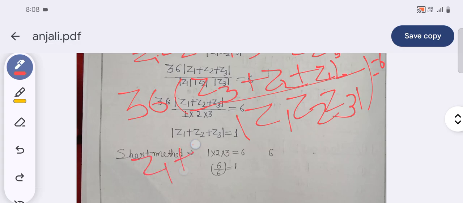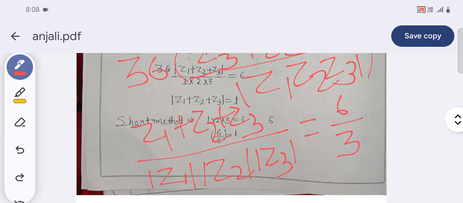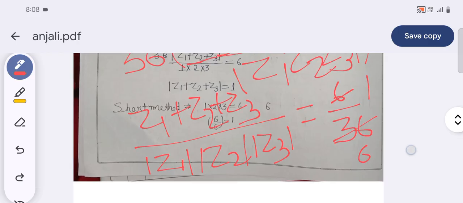So mod of z1 plus z2 plus z3 upon, we can separate mod of z1, z2 and z3 with the help of properties, mod of z1, mod of z2 and mod of z3, is equal to 6 upon 36. 6 1s are 6 and 6 6s are 36. It is clear?